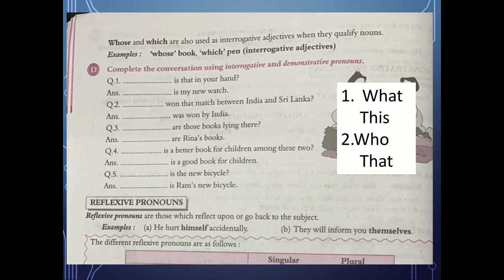Dash won that match between India and Sri Lanka. The answer will be who. Who won the match between India and Sri Lanka? The answer is that was won by India. The rest of the questions are your homework.